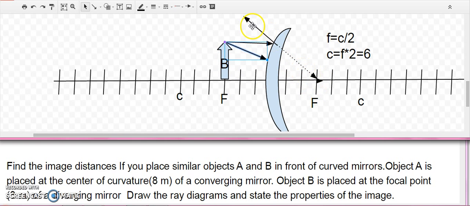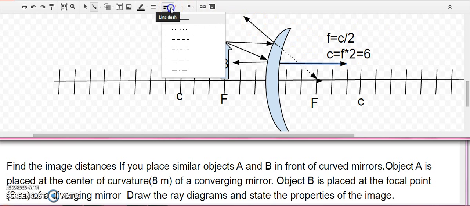Then you have your imaginary line to actually reach it. Then we draw the reflected going parallel. Again, since this is going to be a virtual image, we have to make sure that we go into the virtual realm, which is where all our dotted lines will be.